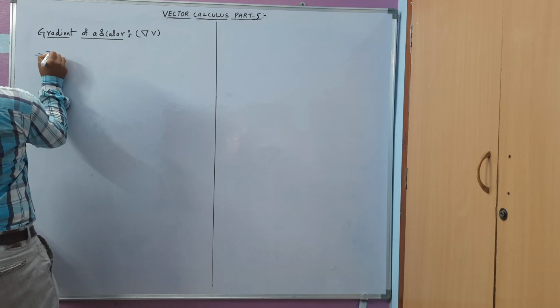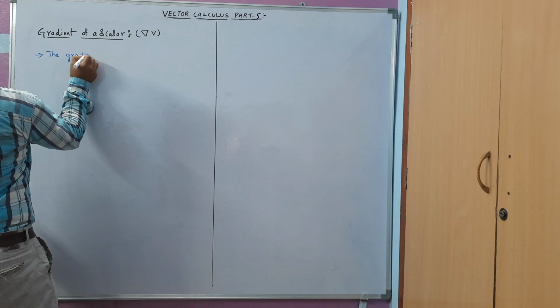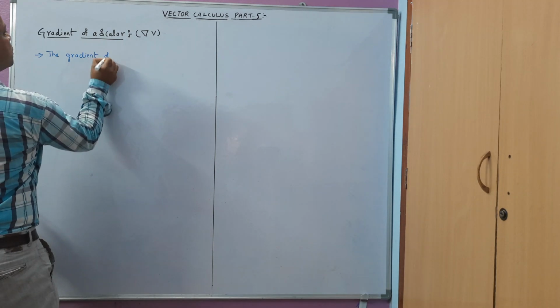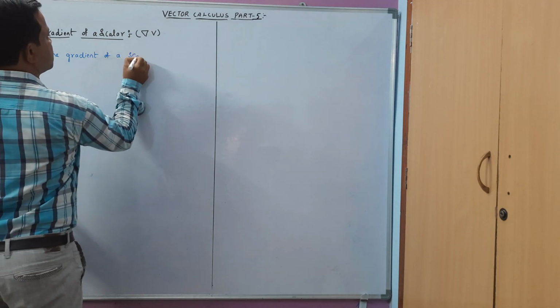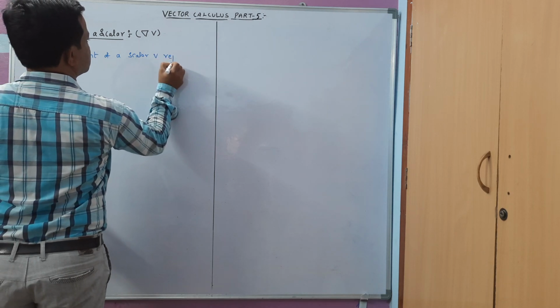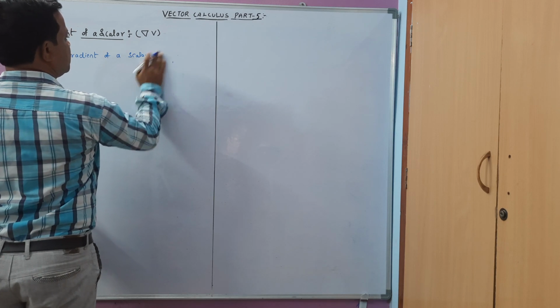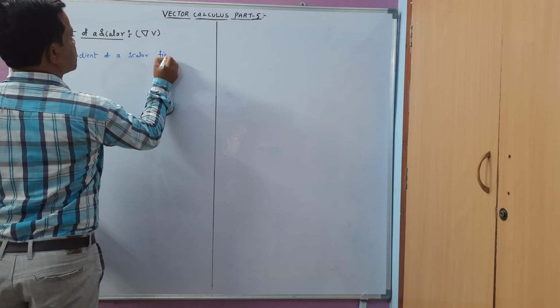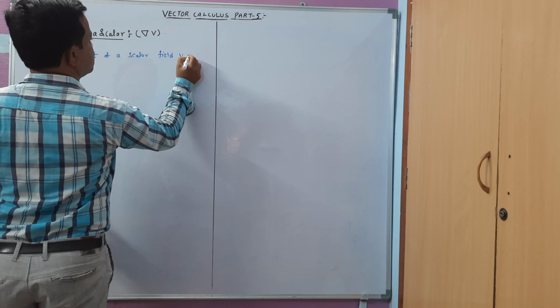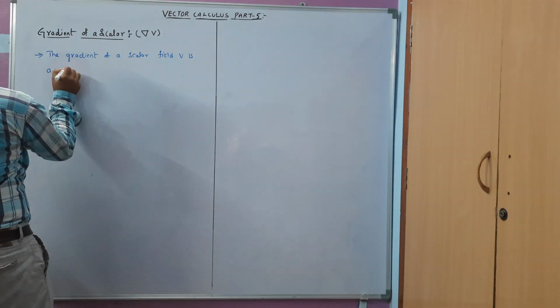I will write the definition here: the gradient of a scalar field V is a vector.